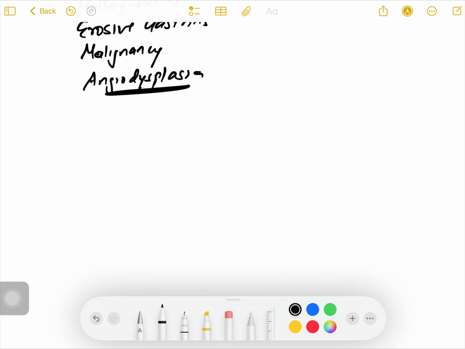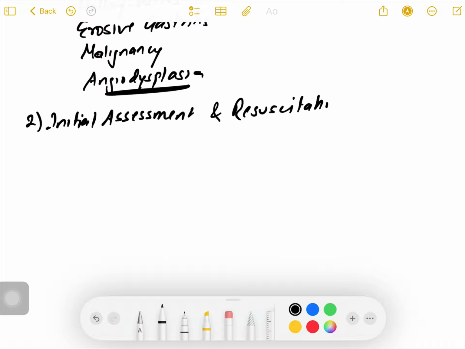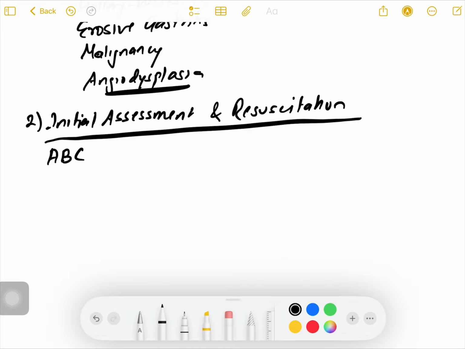After this, let's learn about how to do initial assessment and resuscitation of the patient with UGI bleeding. First of all, we'll do an airway, breathing and circulation check.